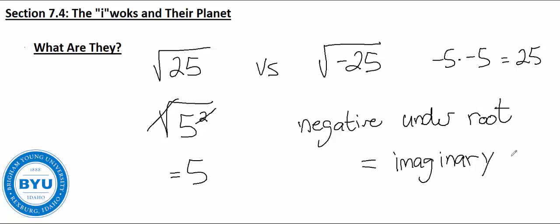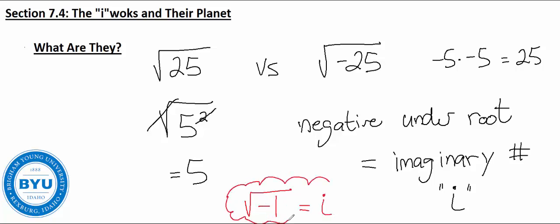And we'll use the letter i, but it's really a number, to represent that we had a negative under a root. So by definition, from now on, anytime we have a negative under the root, square root of -1, that is going to represent i.